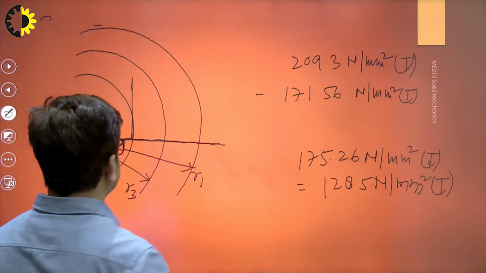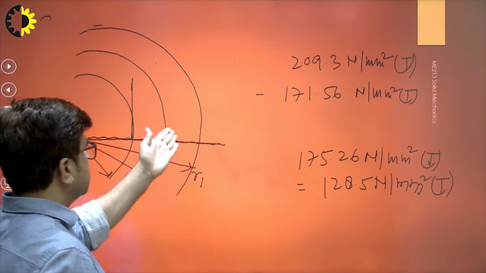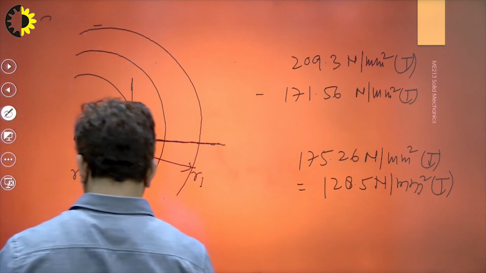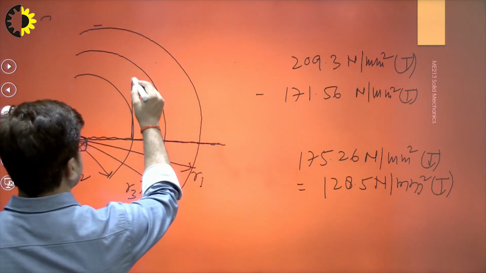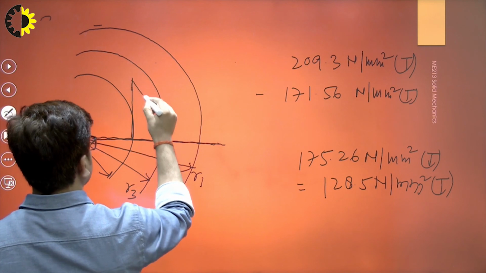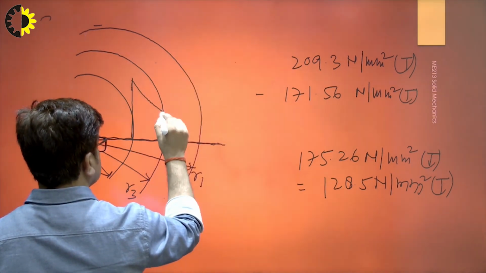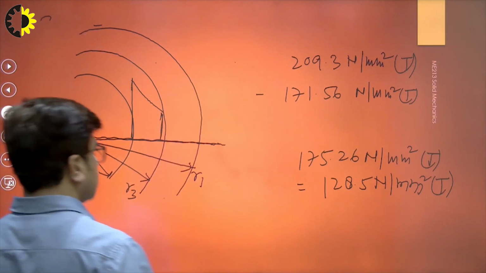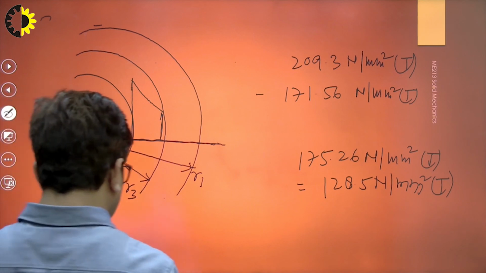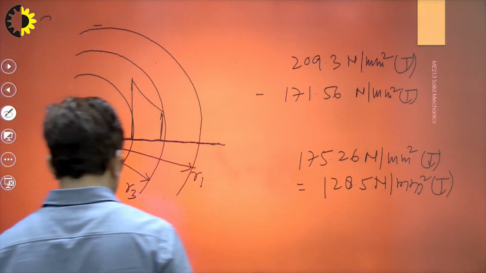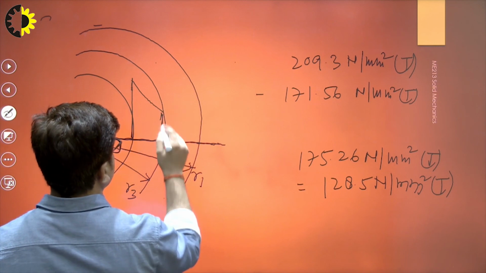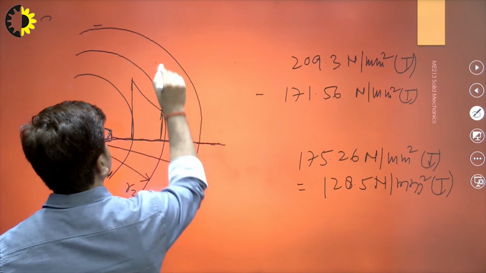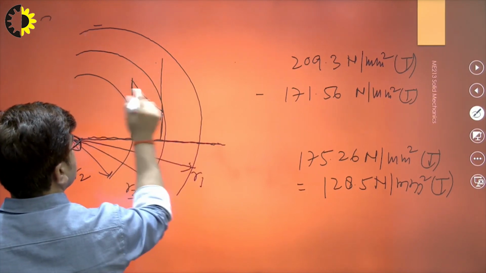So this is 175.26. Then as I move from inner to junction, it is decreasing, and this value is 128.5. For the outer tube at the junction it is 209, meaning the value is increasing, greater than this value.